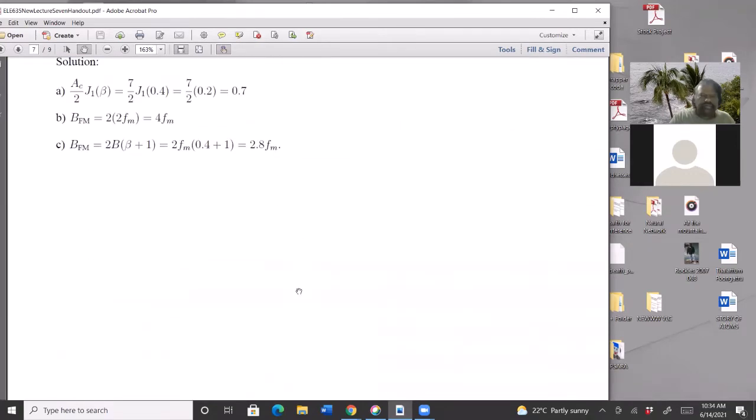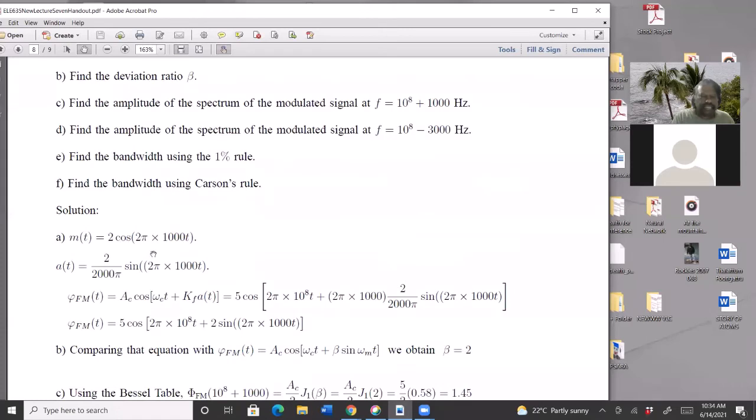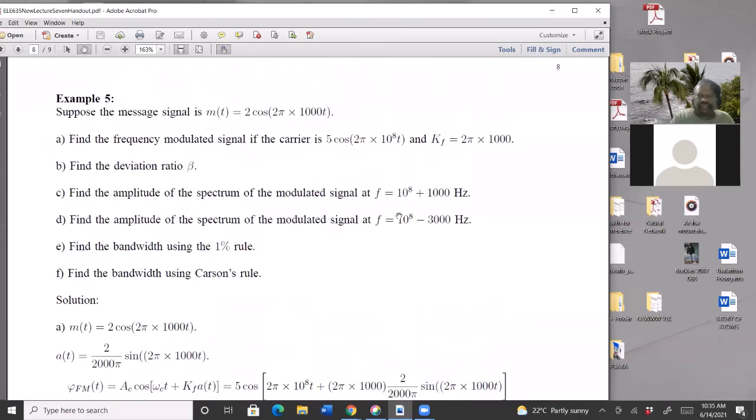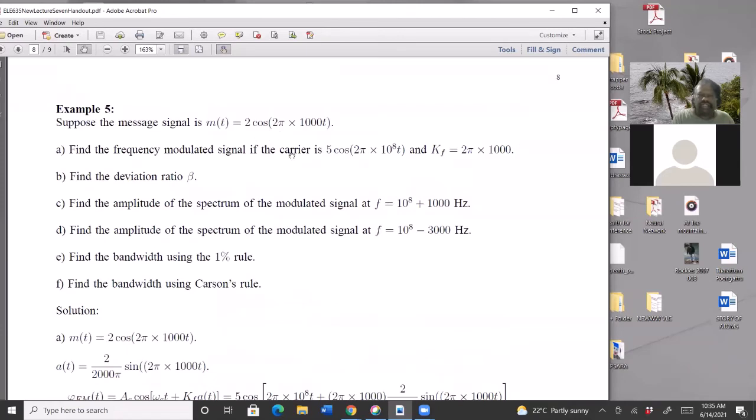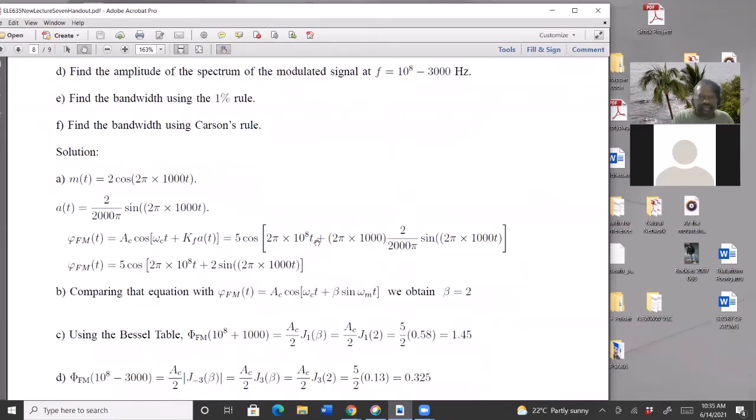So let's see. Okay, so the message signal is this, the integrated signal is this, because this comes and divides here, and then I have to put Kf in front. So phi FM is 5 cos, where omega c is given, 2 pi 10 to the 8 t, plus, then I just copy the integrated signal here.